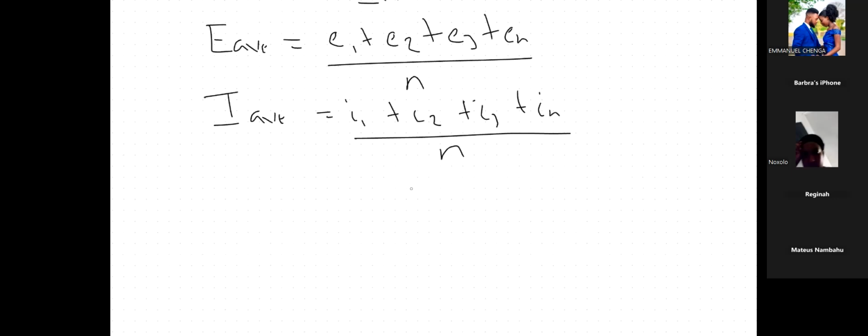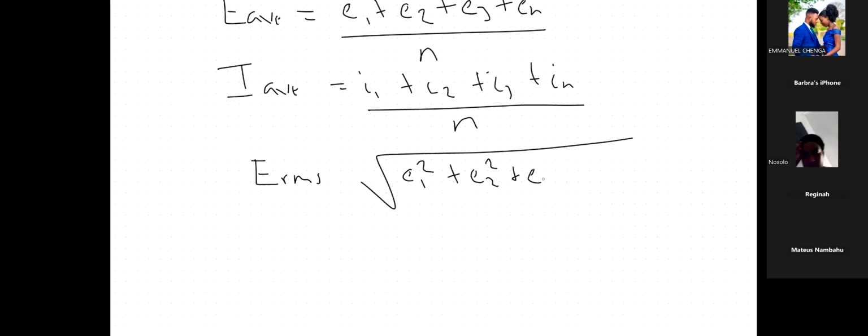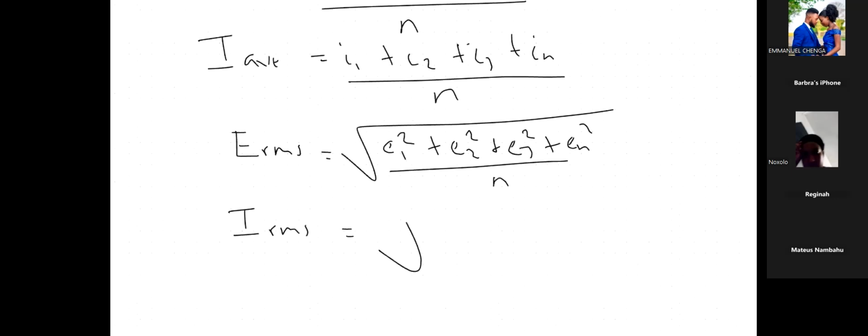When it comes to root mean square values, when it's ERMS, it will be the root of E1 squared plus E2 squared plus E3 squared plus En squared, divided by N. When it's IRMS, it will be the root of I1 squared plus I2 squared plus I3 squared plus let's say IN squared, divided by N. So I'm simply saying there are two ways that you can calculate your E average.